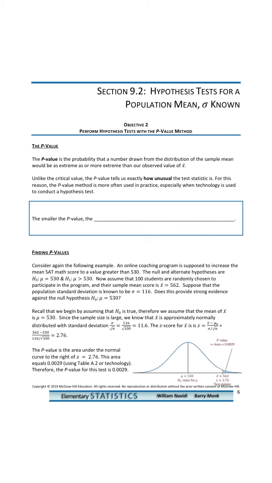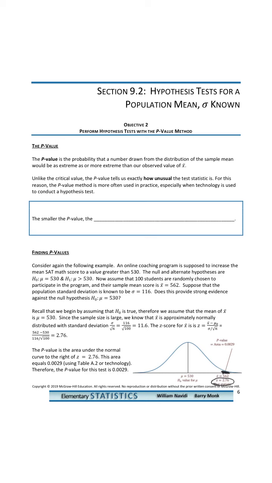The critical value method tells us only whether the test statistic was unusual or not. The p-value method tells us exactly how unusual the test statistic is. For this reason, the p-value method is more often used in practice. Look at this diagram. The z-score or test statistic is 2.76, and the area on the right side of z equal 2.76 is known as the p-value.